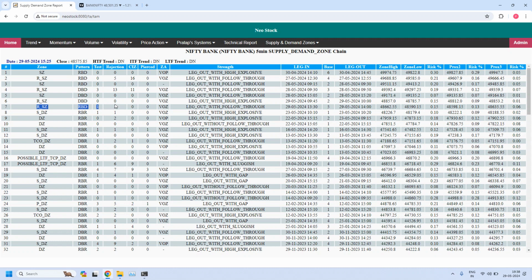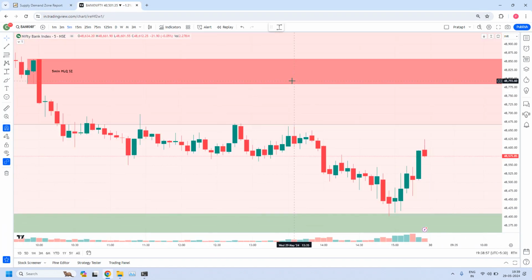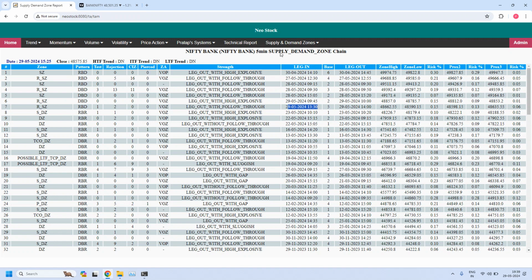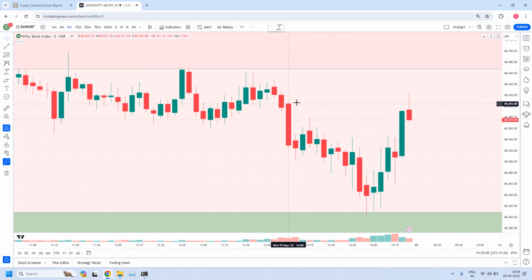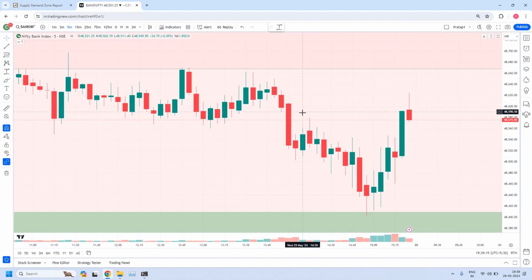Already tested once and 2 rejections came from this zone. This is on 29, 1330, 5 base candles. Yes, 5 base candles.